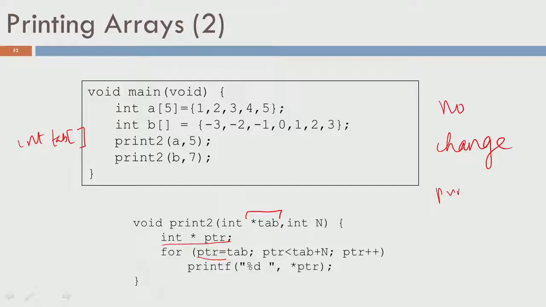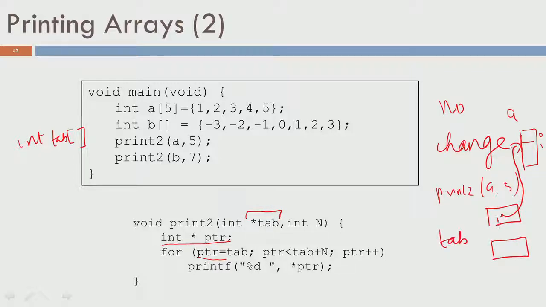In print 2 of a comma 5, when you call this, the caller passes the pointer to a of 0, and a of 1 and so on. You make a copy of that to tab, and in this loop you have another variable called ptr, which is also of pointer data type, and ptr makes another copy of tab.